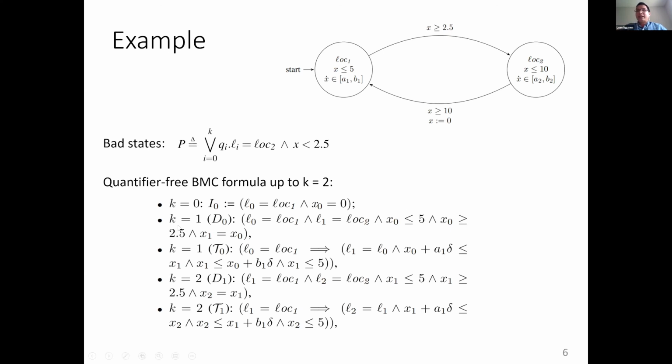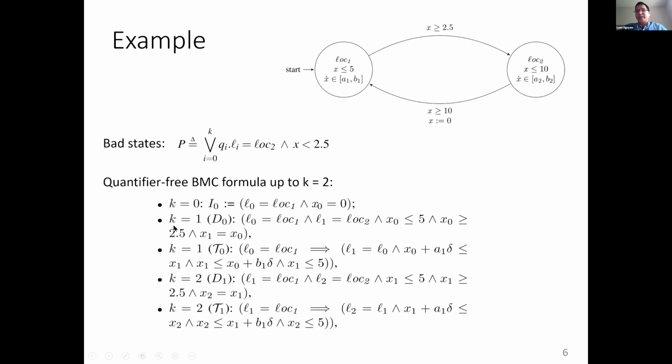We see it at k equal to 1. So actually we drop the transition from log 2 to log 1 and the continuous trajectory evolution in log 2, because currently we are at log 1. If we encode the whole problem as the BMC query, maybe we need to include this, but because this query is unsatisfiable, I drop it right here.